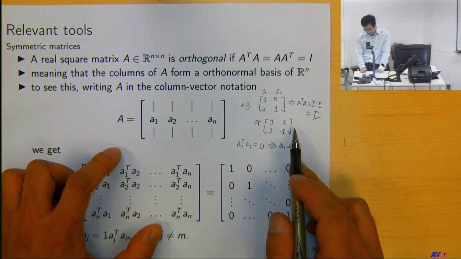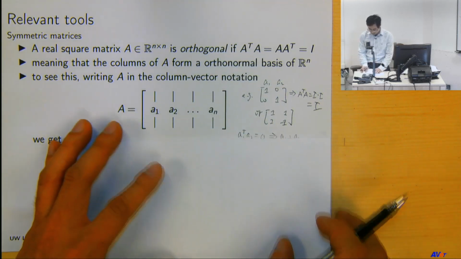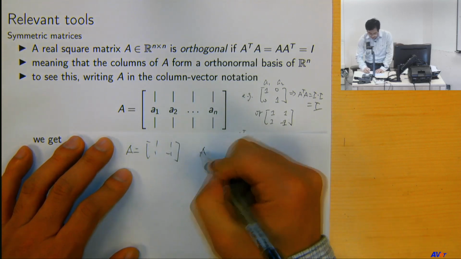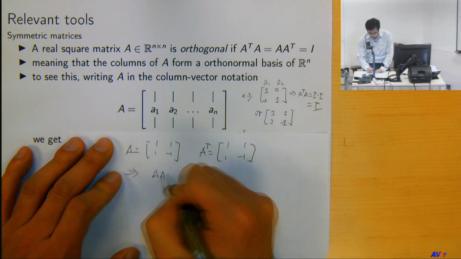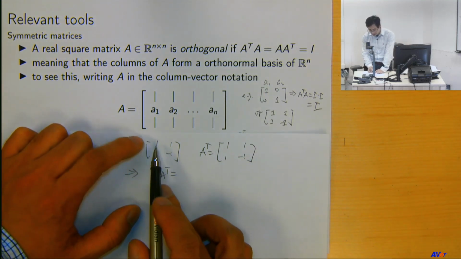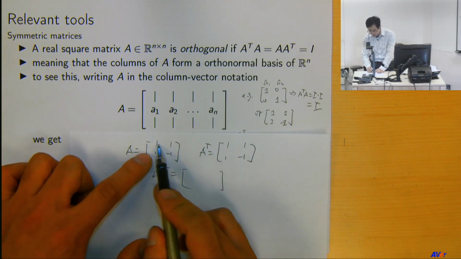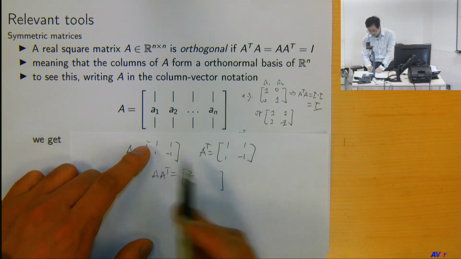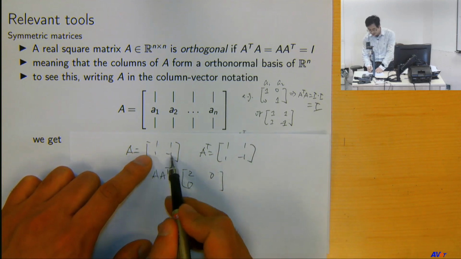For this matrix it's similar. If A is 1, 1, 1, negative 1, then A transpose is 1, 1, 1, negative 1. So A times A transpose gives you, for the first element, 1, 1 times 1, 1, which is 2. The first row, second column is 0, and similarly the 2, 1 element is 0.